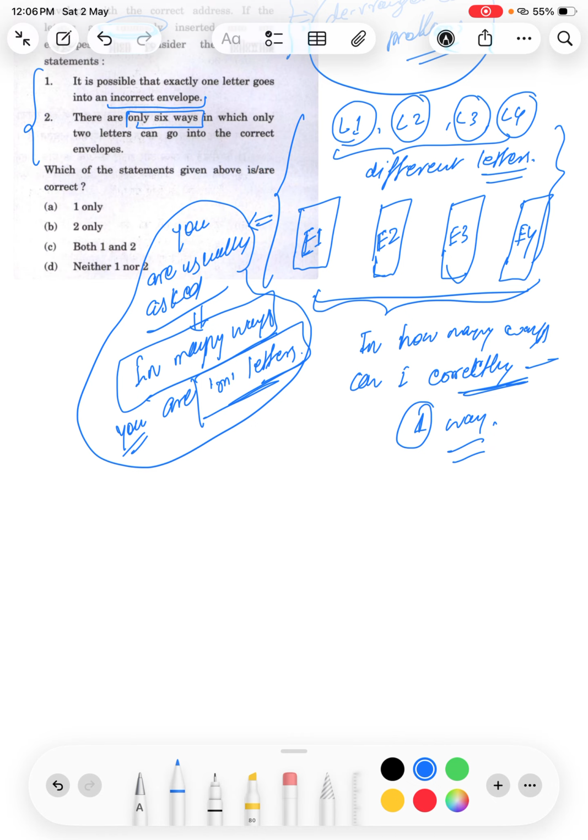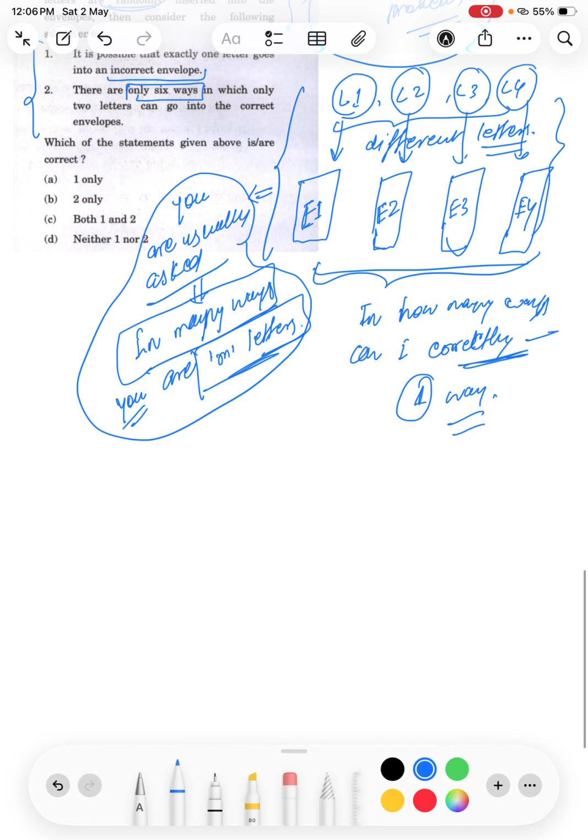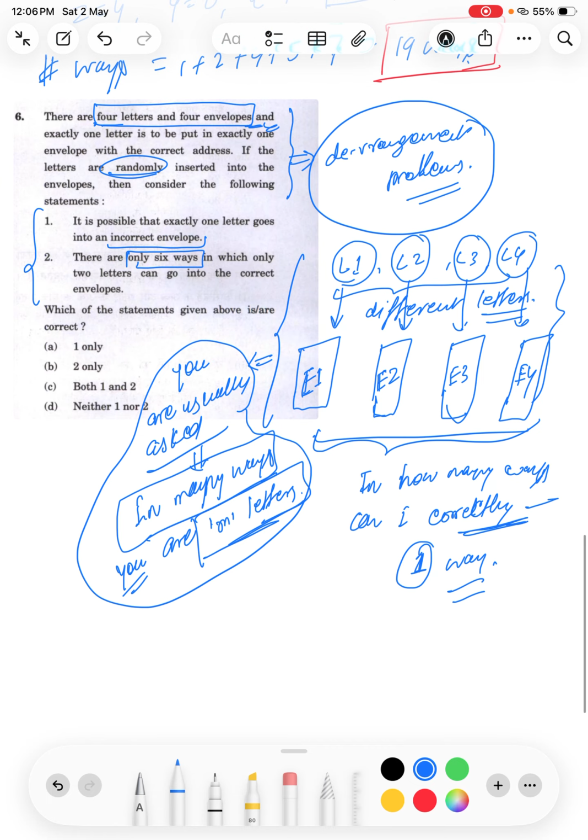Only one way to have correct mapping. L1 goes into E1, then L2 goes into E2, then L3 goes into E3, then L4 goes into E4. So there is only one way to correctly put your letters into the correct envelopes.